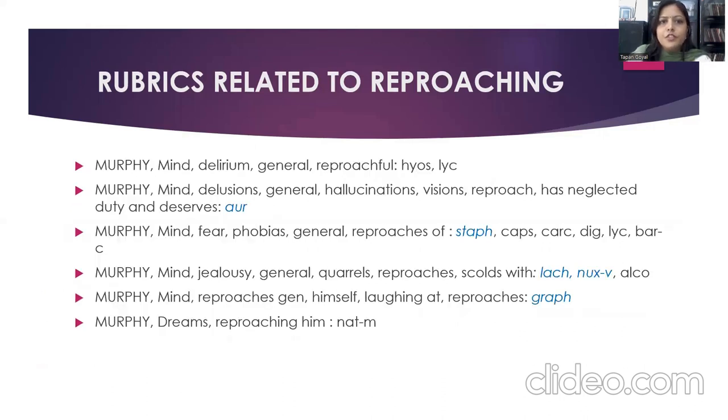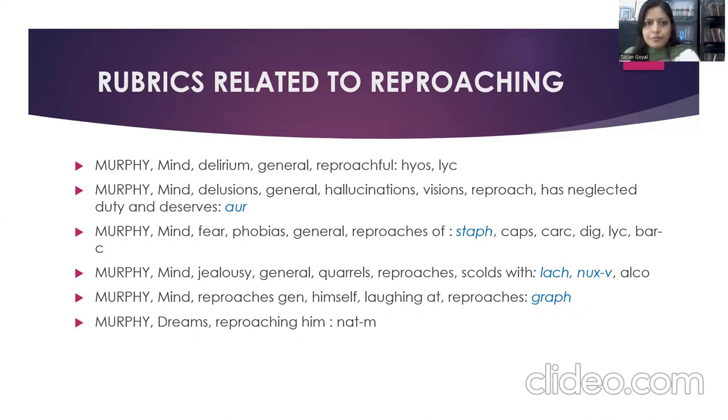Then in Murphy Repertory, we have another rubric, Mind, delirium, reproachful. Again, Lycopodium is present there with Hyoscyamus. We have one more rubric in Murphy like Mind, delusions, hallucinations, visions, reproach, has neglected duty and deserves. It means the person is getting hallucinations like he or she has neglected duties and now deserves blame or reproaches.